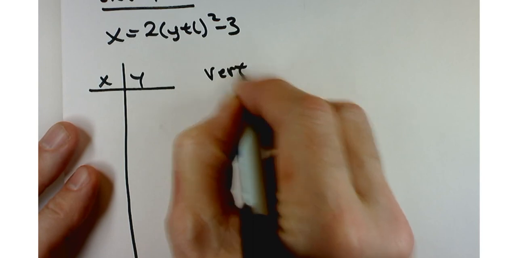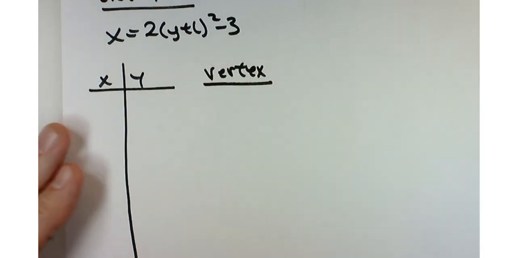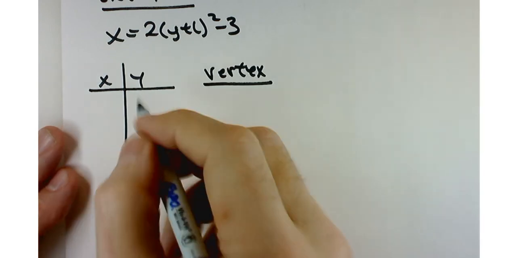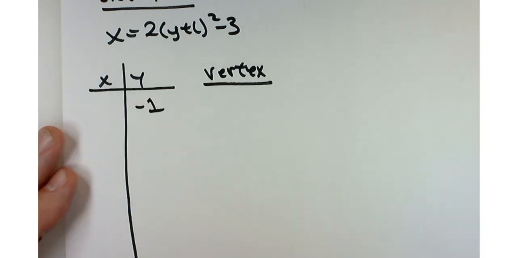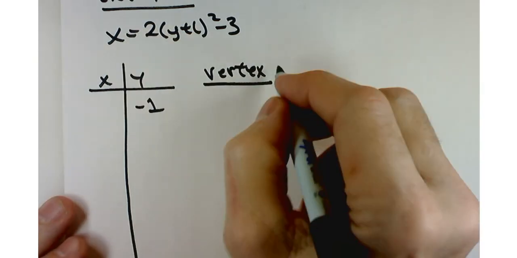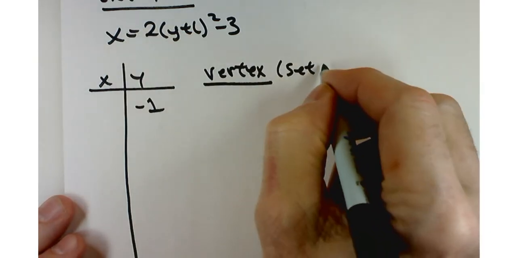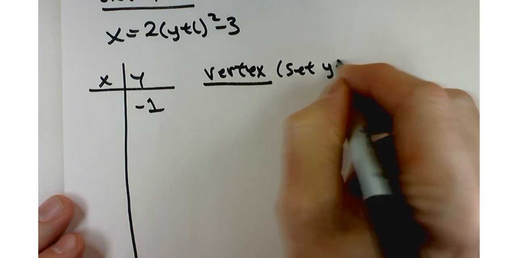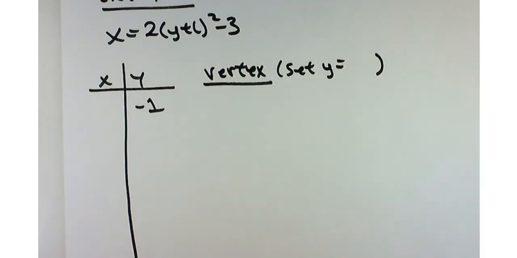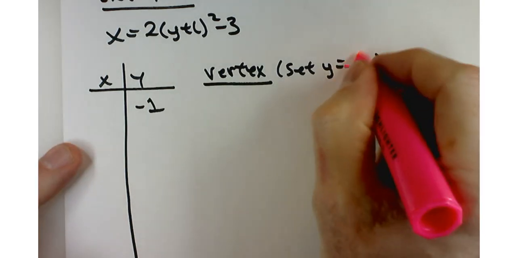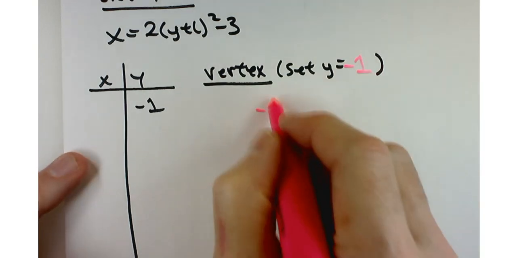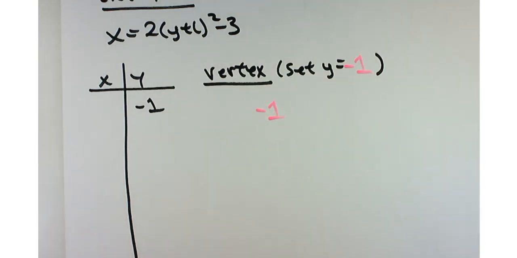What makes the squared term equal to 0? Negative 1. Negative 1 for what variable? Y. Negative 1 for y. So if I put in negative 1 into this equation, set y equal to negative 1, let's see what I get for x.